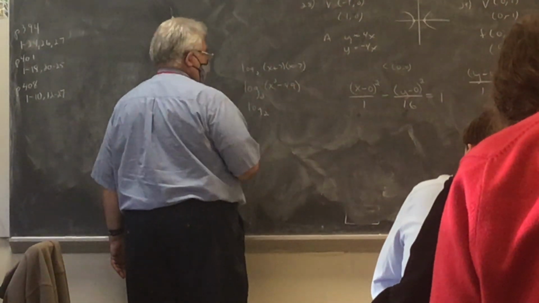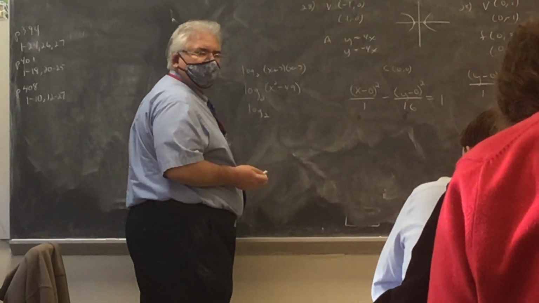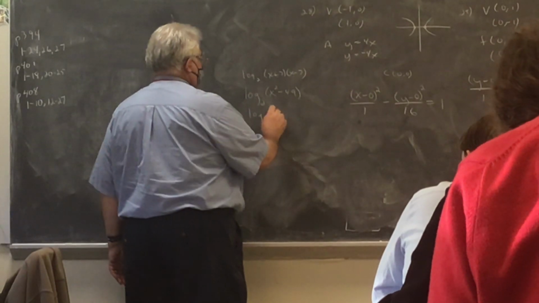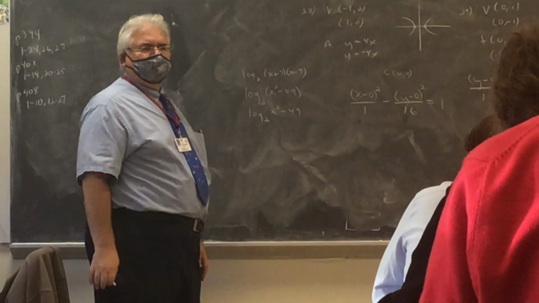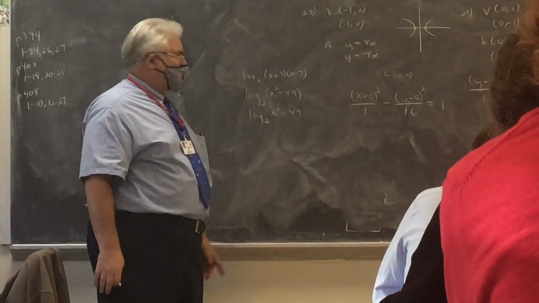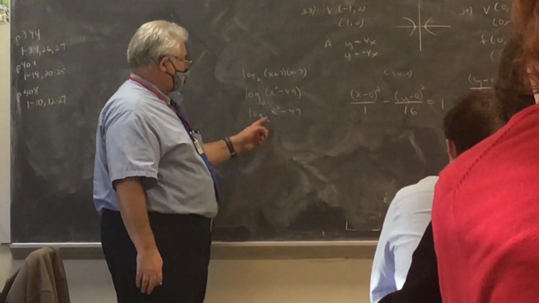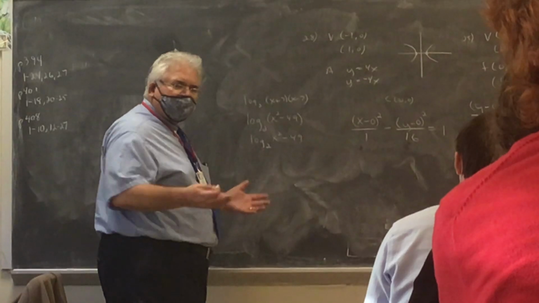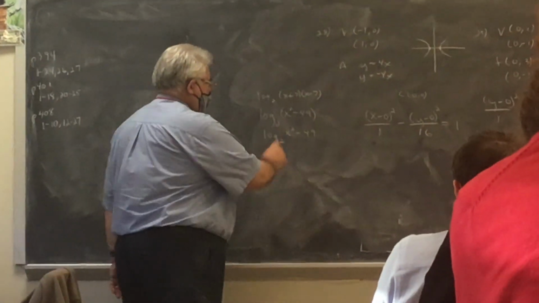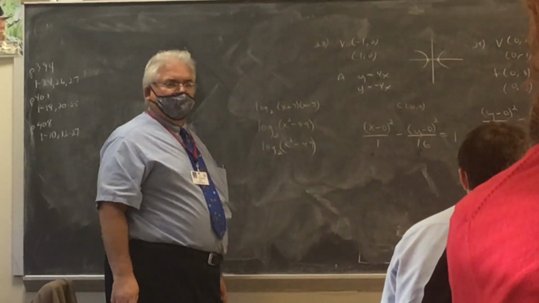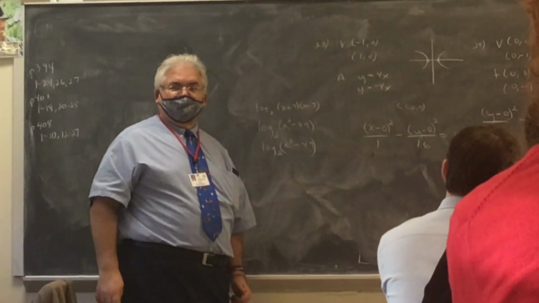They're like, oh, I'll multiply it out because I'm a nice person. And they write log base 2 of x squared minus 49. You can't write that because that says the log base 2 of x squared minus 49.